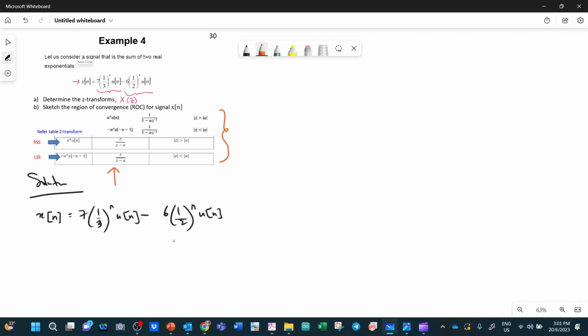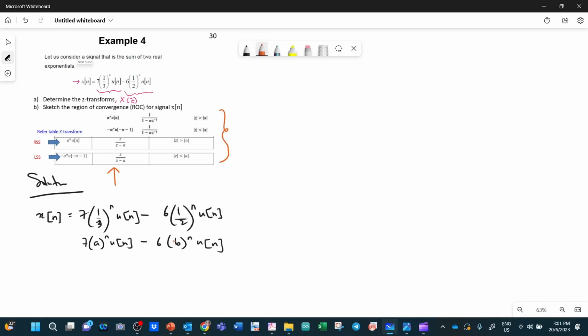So by inspection using the Z transform table, let's say we rewrite this equation as 7 a^n u[n] minus 6 b^n u[n], where 1/2 is b.